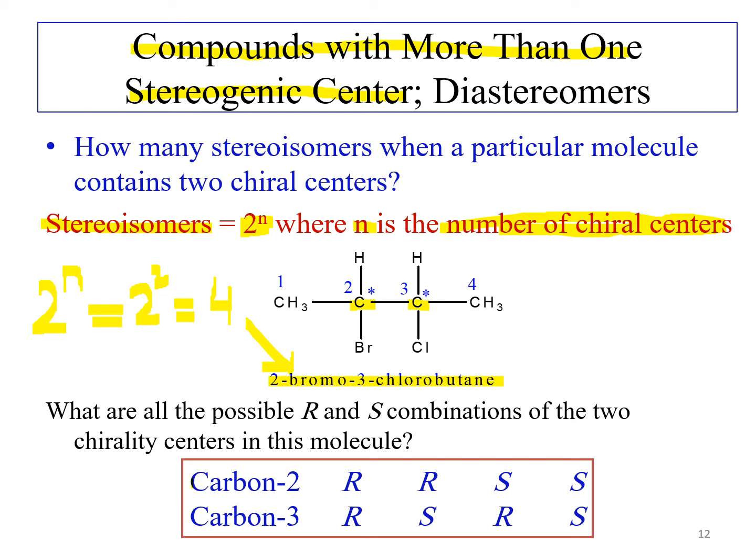At carbon number 2 we can have the R and S configurations, and at carbon number 3 as well. So do remember this formula for calculating the stereoisomers.